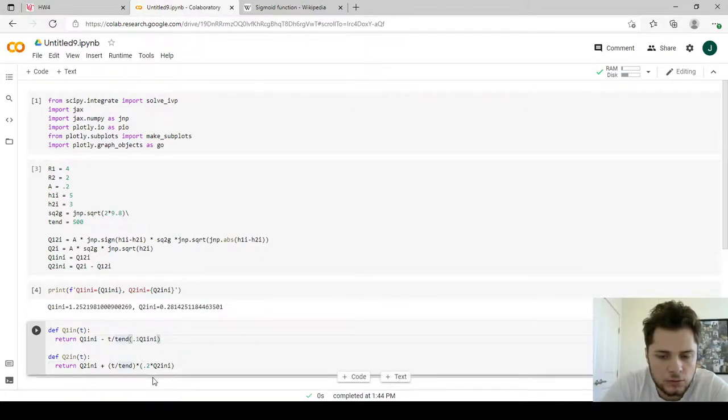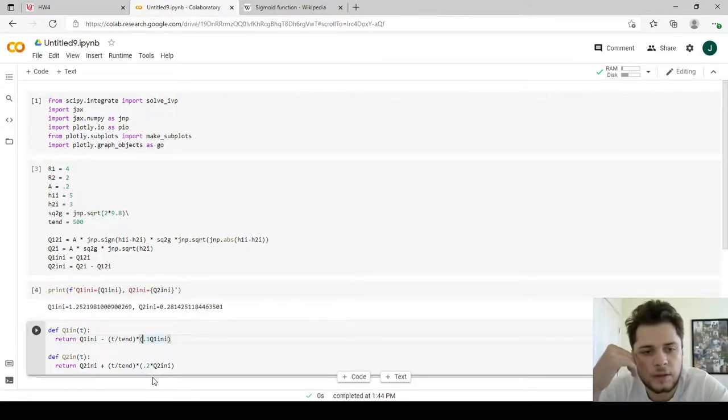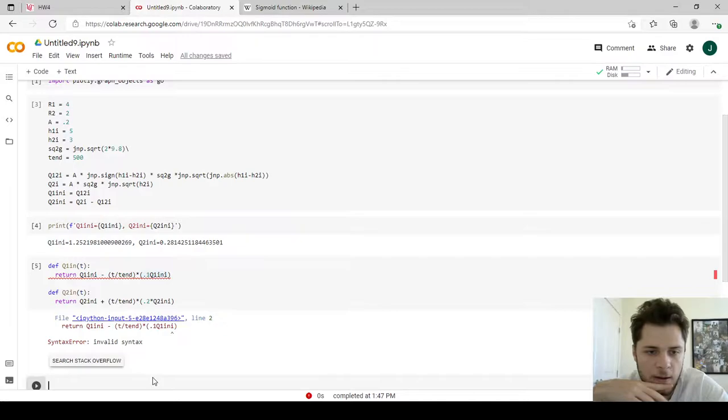Forgot. There. So that will increase our flow rate into our second tank by 20% over that time period, and decrease the one into the first tank by 10% over that time period. Syntax error.